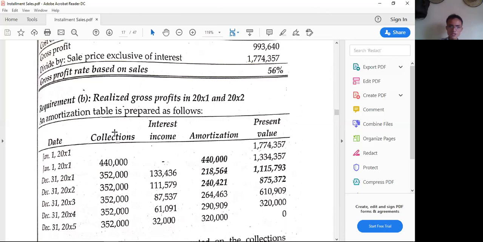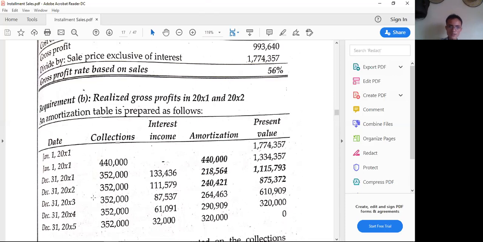Then collections would be the down payment and the regular payments 1 year thereafter. And then the interest income is whatever is the present value prior, meaning the unpaid balance, multiplied by the rate, which is 10%, equals the interest income. You can notice here it's 0 simply because this is still the same date. So to compute interest, that's interest equals principal times rate times time. At time 0, so T equals 0, any number multiplied by 0 equals 0.